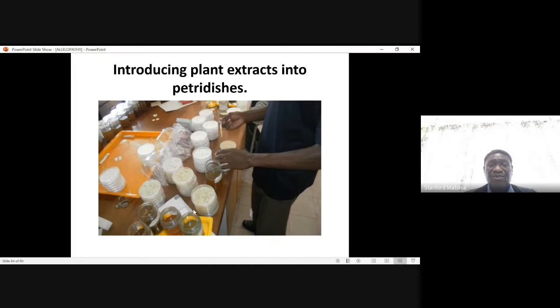You can see a lot of petri dishes where somebody is working on plant extracts. This is actually Alan Kwembe, who wrote a paper on allelopathy.